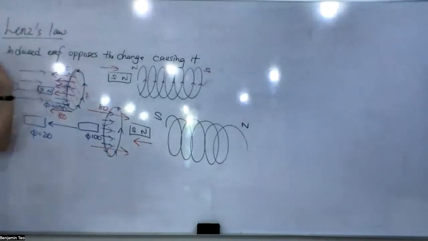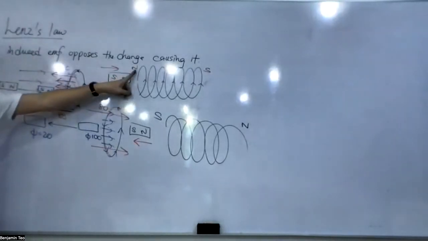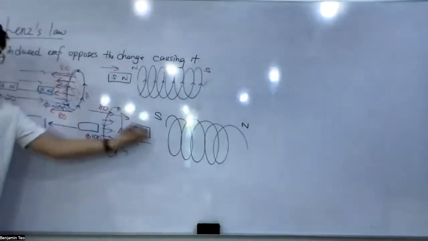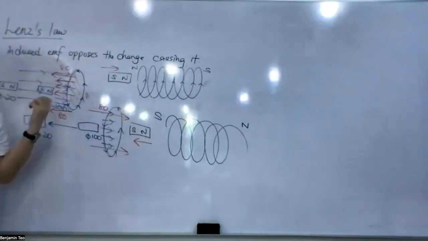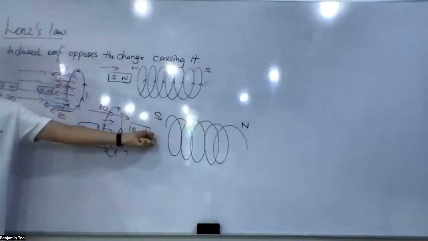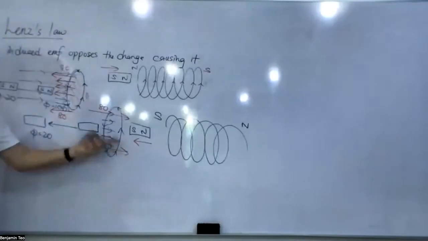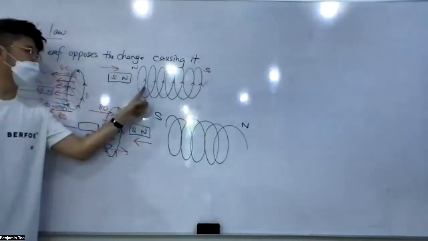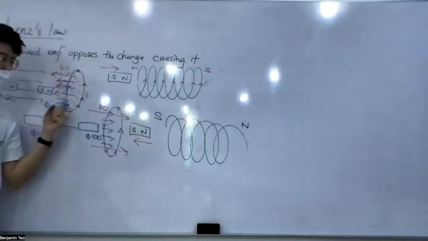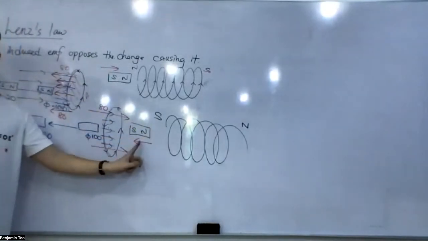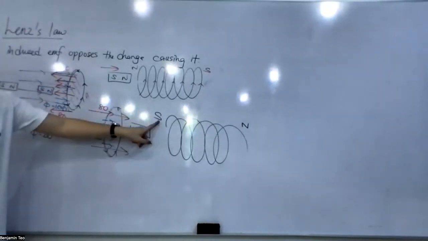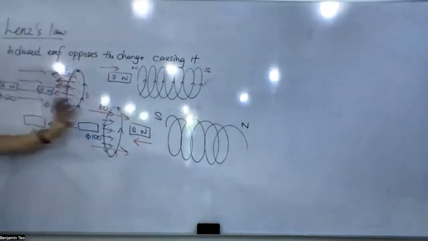So whenever I approach it, it will try to repel. Whenever I move away, it will try to attract me back. That is the nature of the coil. Okay, so very easy to remember. Just think of it like, if I want to approach, they don't want. They want to oppose it. If I want to move away, they also want to approach it by changing their polarity to south pole. So this is how the polarity changes if I go like this.